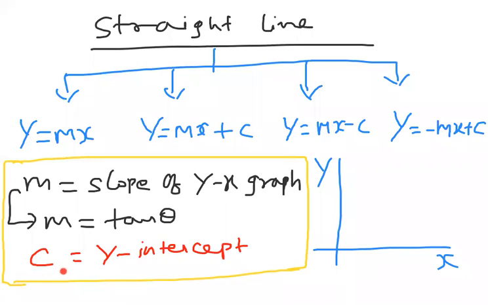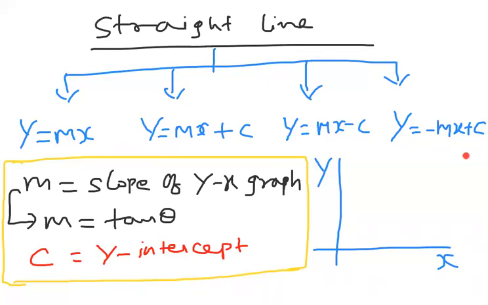So let us start with each equation: first y equal to mx, then mx plus c, then mx minus c, then minus mx plus c. We'll discuss all four situations of the straight line.